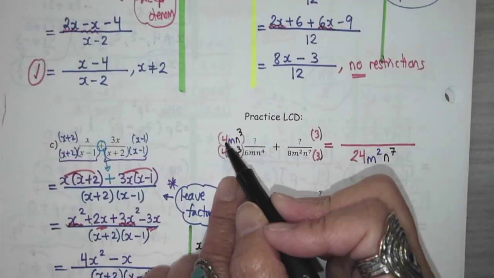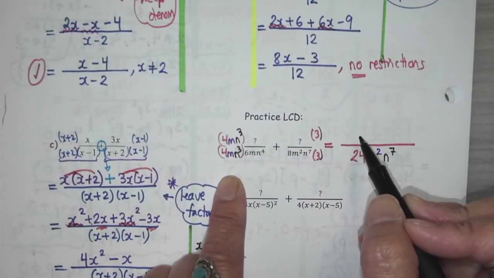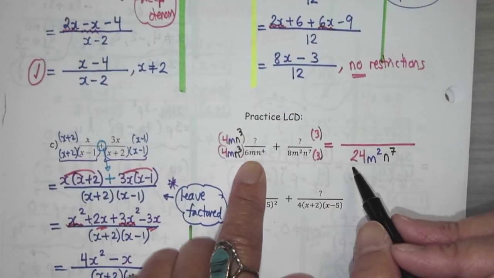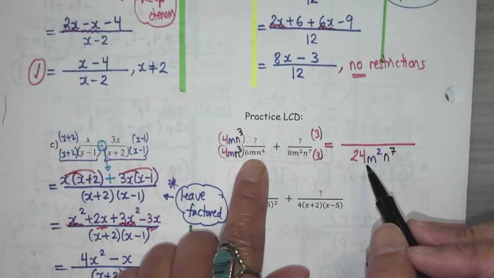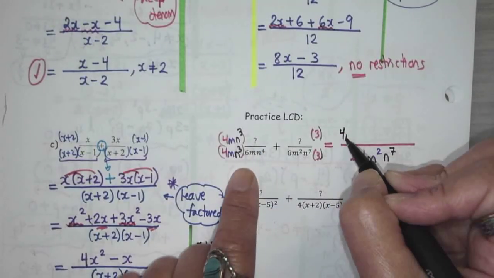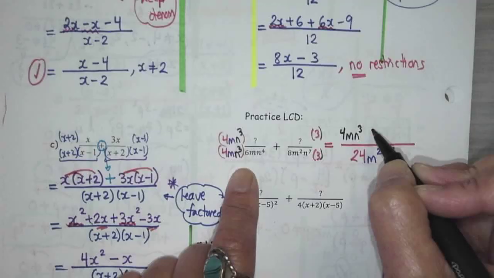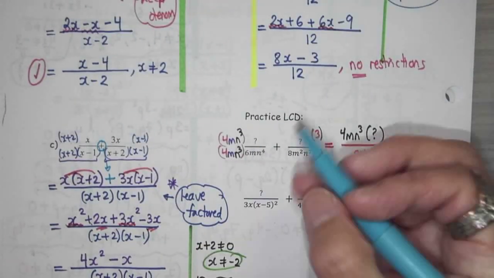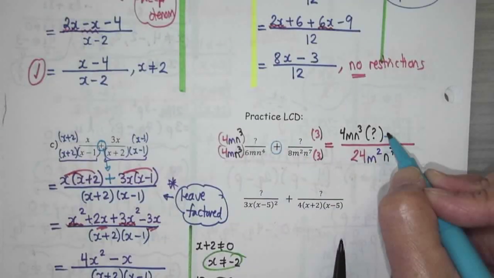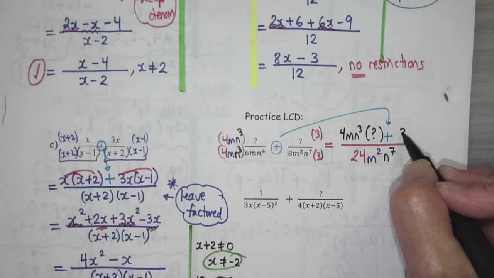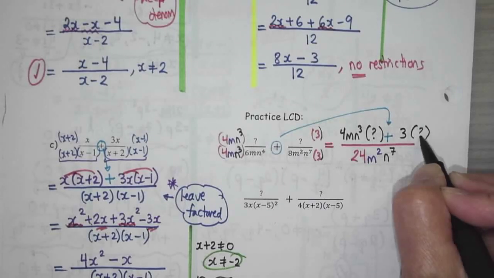So this side, I would have 4m n cubed times question mark on the top. Does that make sense? So do the numbers first. It's a monomial times the m times the n. So this would end up being 4m n cubed times question mark, whatever that is. You still take the sign here, so you go plus, and then you'd go 3 times whatever that question mark is.